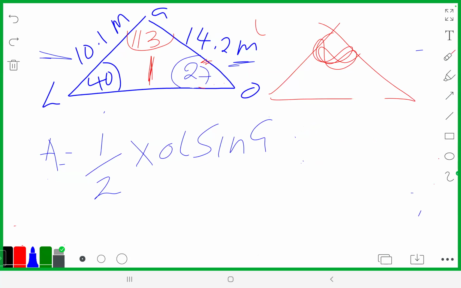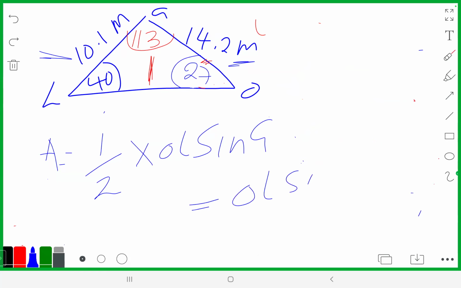So now let's move on and find. It is two sides marking an angle times sine the angle being marked. This is the same as OL sine G divided by 2. This is still the same thing.